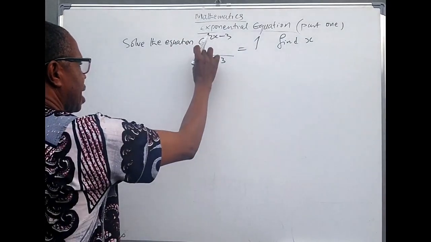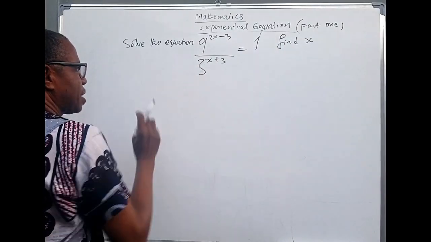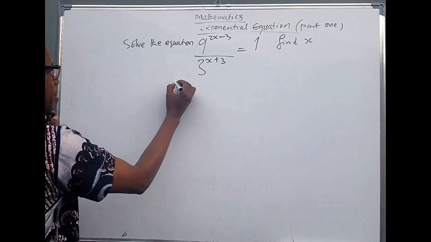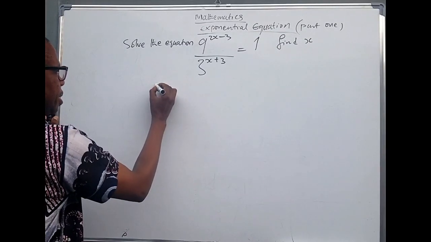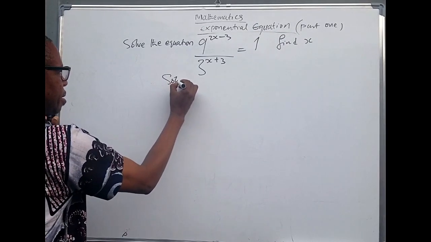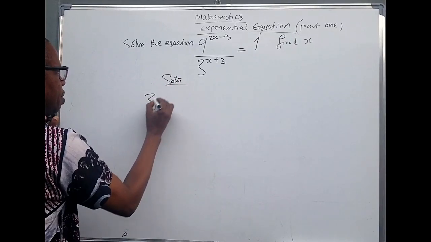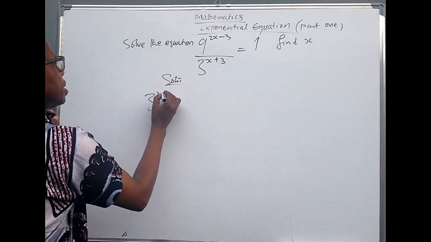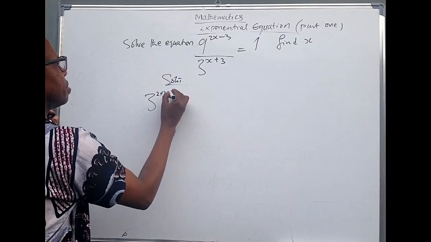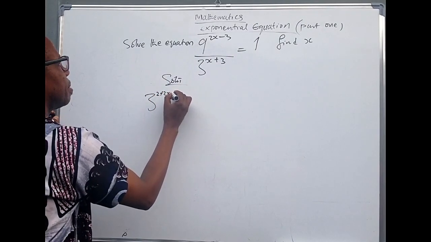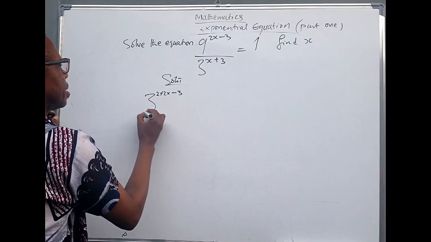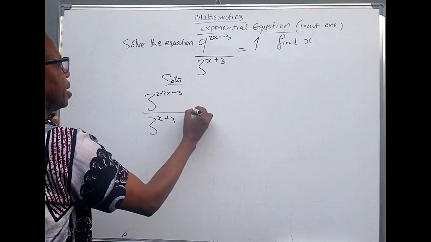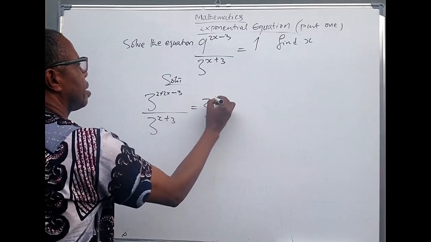And this 9 here, I must bring it to base 3 too before I start solving. So what I will have now will be 3 raised to the power 2 times 2x minus 3 all over 3 raised to the power x plus 3 is equal to 3 raised to the power 0.